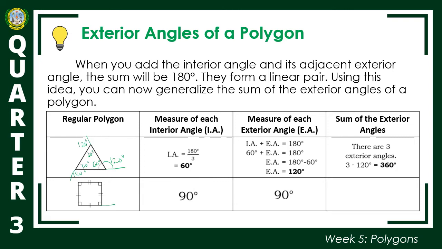Kasi 90 plus 90 is 180 degrees. Okay? So, right angle din to. So, pag in-extend ko pa yung iba, edi right angle na rin sila lahat. Okay? So, we have 4 right angles po. Okay? So, ang gagawin natin is to multiply 4 and 90. We will get 360 degrees then. Okay? So, try naman natin yung iba pa.